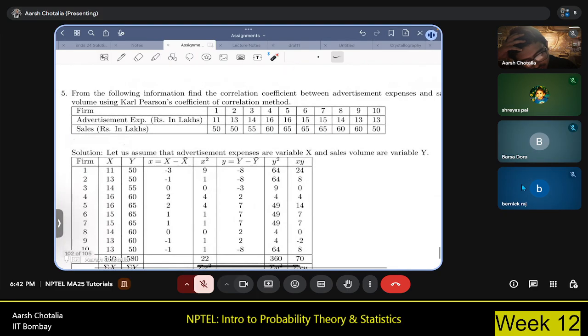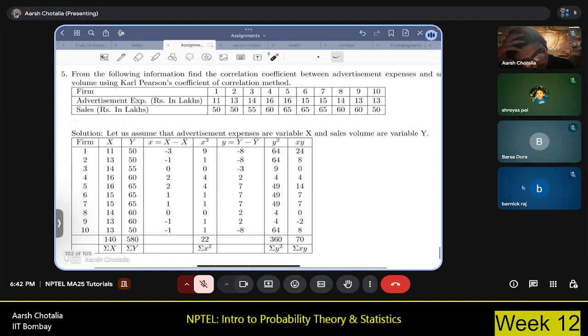So we know that correlation is given by sum over xi yi minus n x bar y bar divided by sum over xi square minus n x bar square. So for that we need sum over x square, sum over y square, and sum over xy. So that is what we calculate, where small x is capital X minus x bar. Okay. So yeah, we always make a vertical table here.